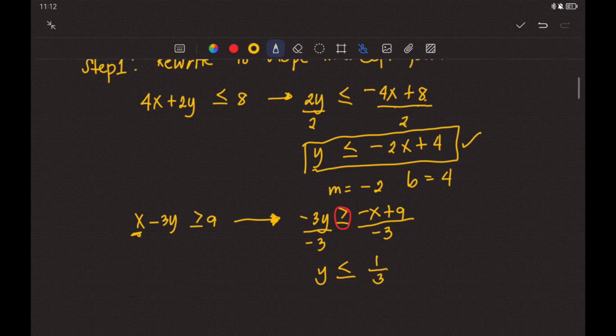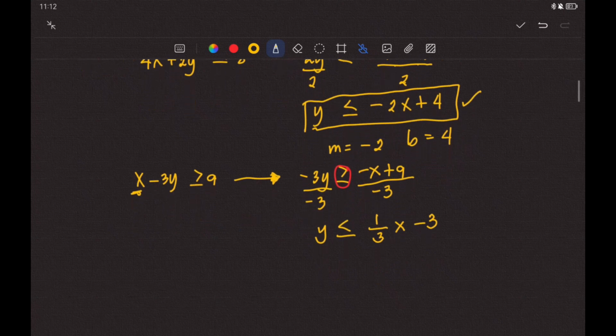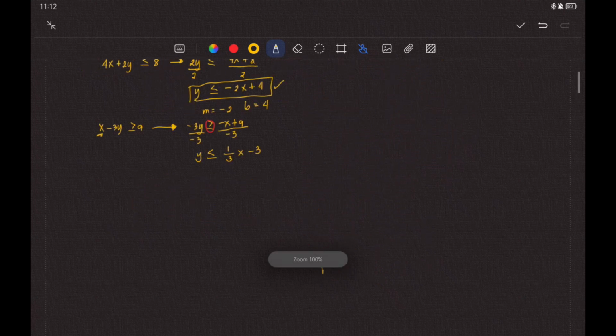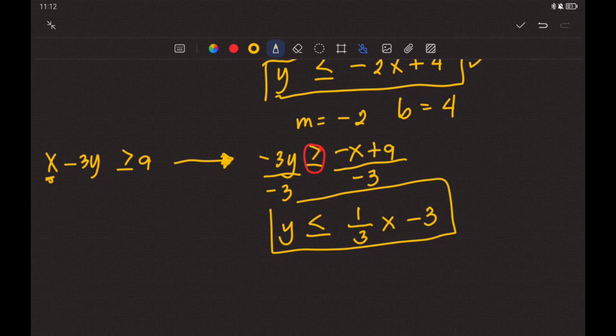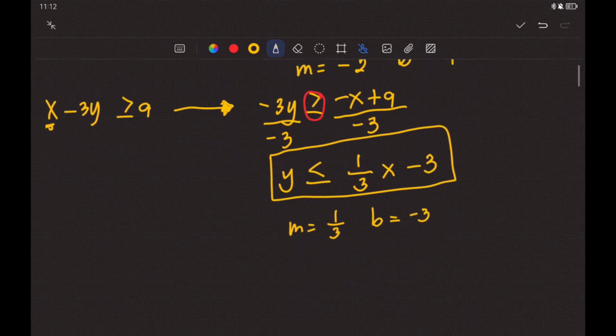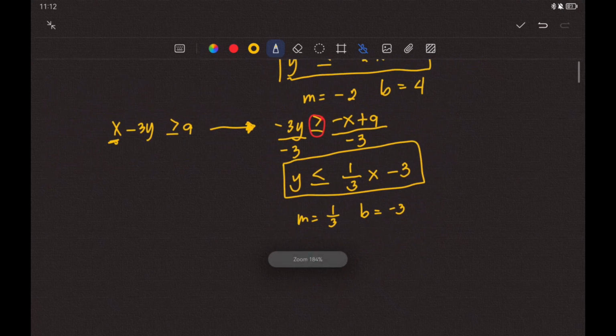That's 1/3 x minus 3. So our slope-intercept form for the second inequality is this one. So we have the slope as 1/3 and our y-intercept as negative 3. Now let's proceed to step number 2.